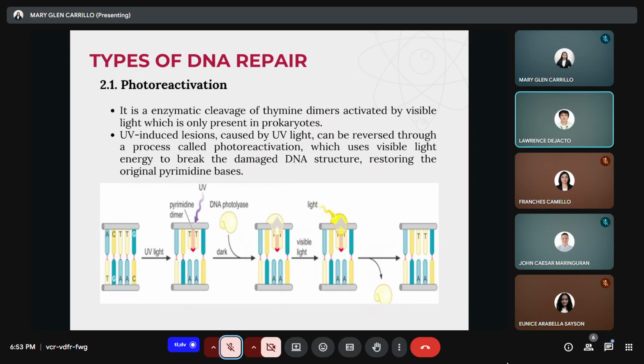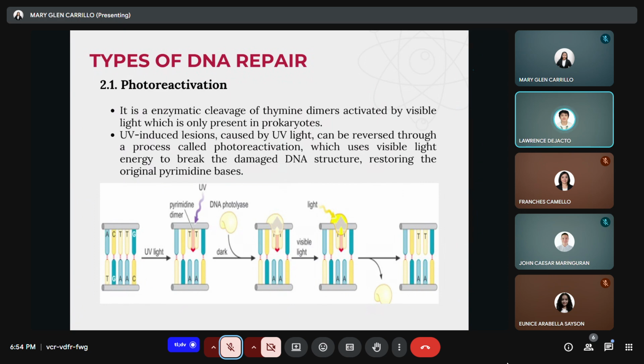So what is the mechanism of the photoreactivation? As you can see in the figure, enzyme photolyase encoded by PHR gene binds to a pyrimidine dimer.